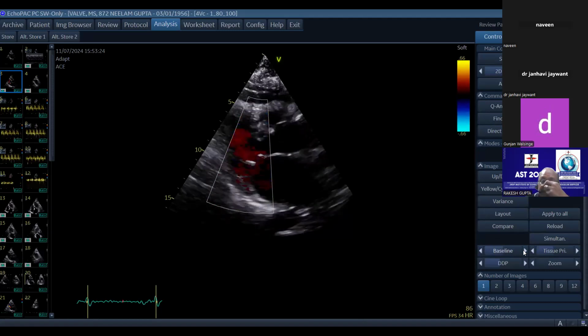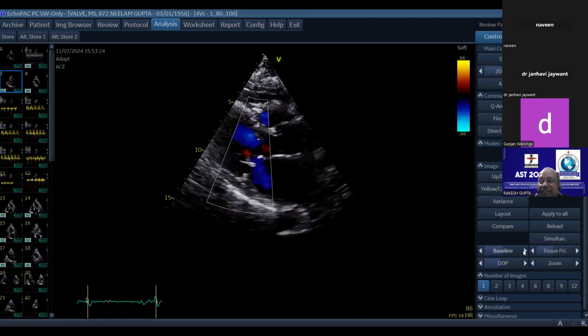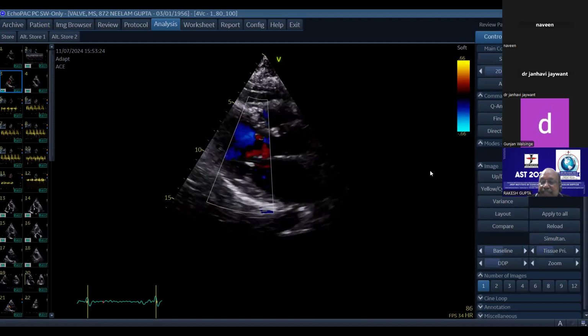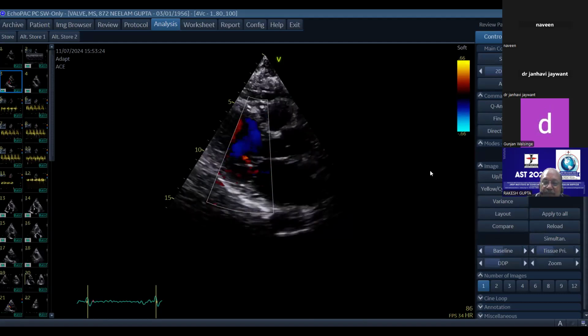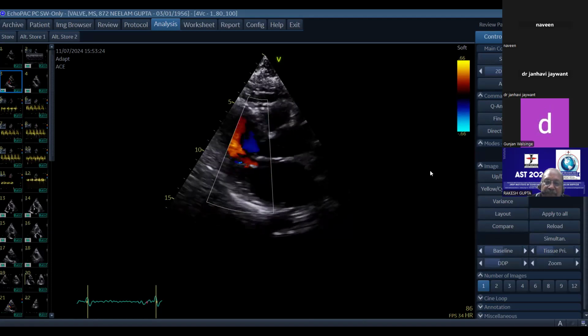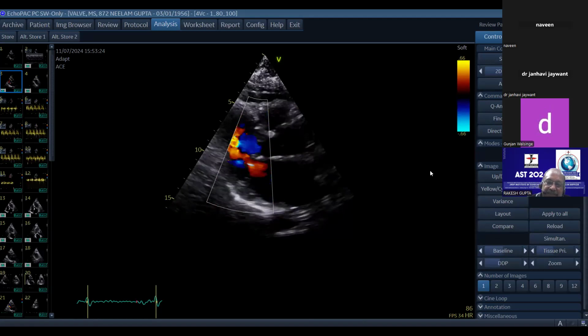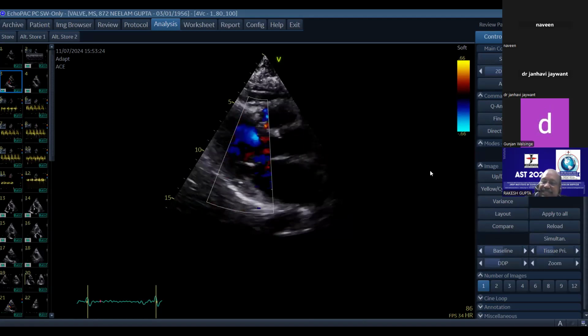So go and play with the machine. The best part of the machine is to play with it. These electronic machines, whatever you switch on, switch off, will come back to your normal settings.